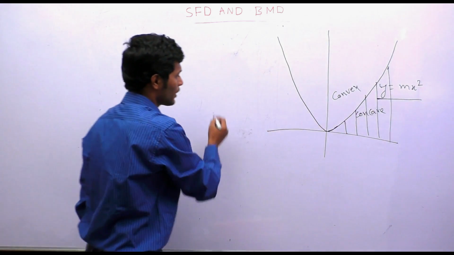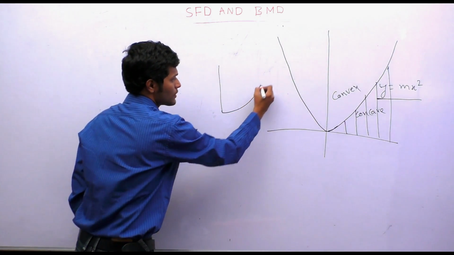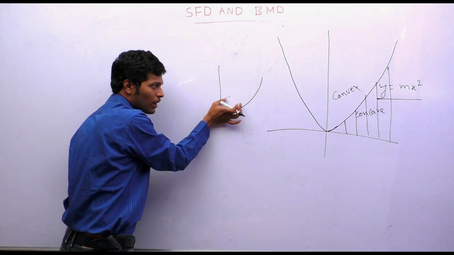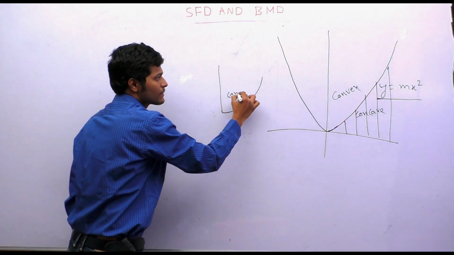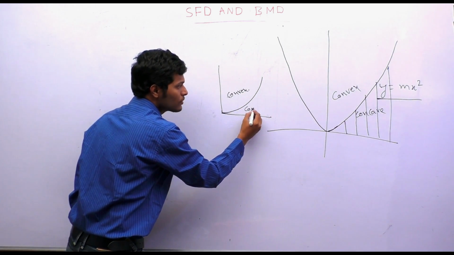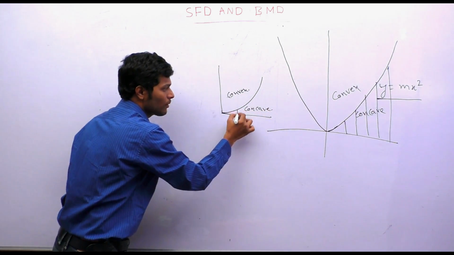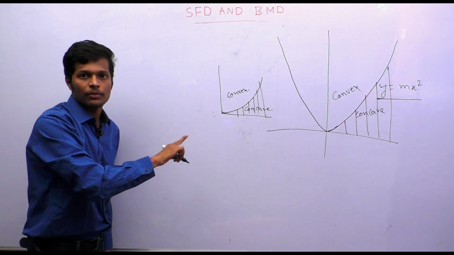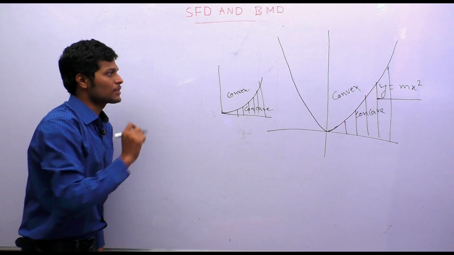So you can observe clearly. So this is the parabola. So on this side, if you draw this parabola, it will look convex. If you draw this parabola, it looks concave. So actually our y is equal to mx square, whatever we are drawing, is concave. So when will we get convex also, let us see.